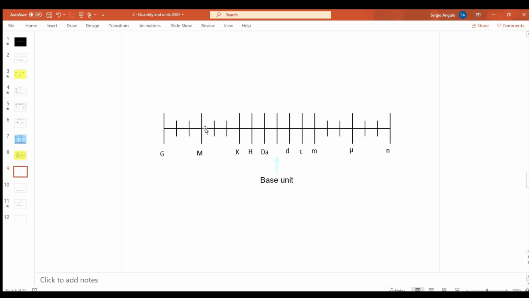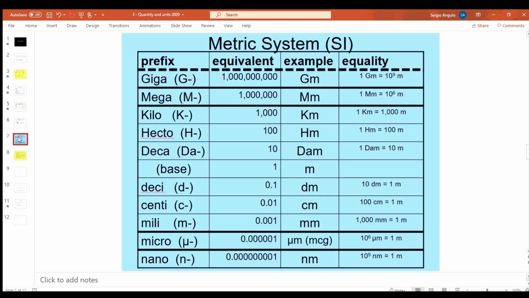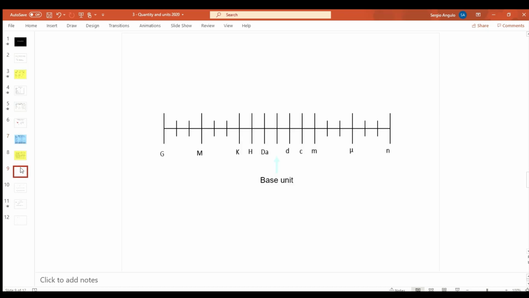If you weren't too crazy about using this chart, going up and down the chart, you can use this line. Remember that this one line in the middle represents the base unit, no prefix, that's why there's nothing in there. And all these letters represent the prefixes for the smaller and bigger units, all the prefixed units.